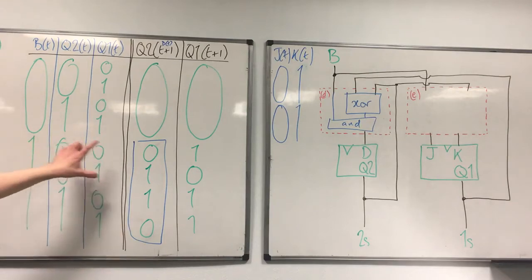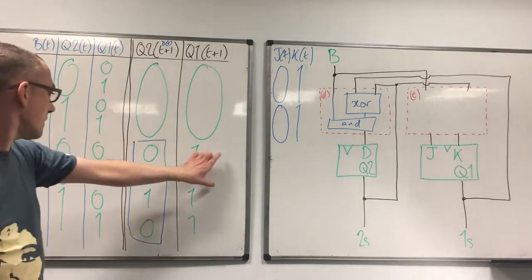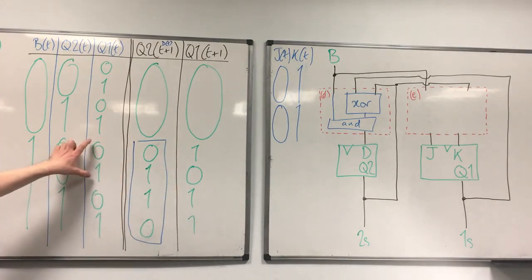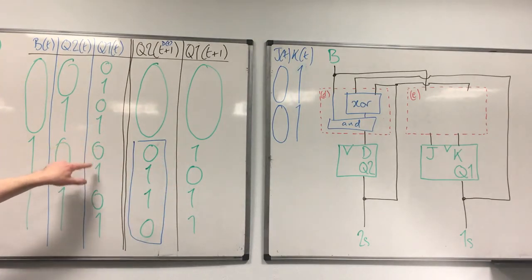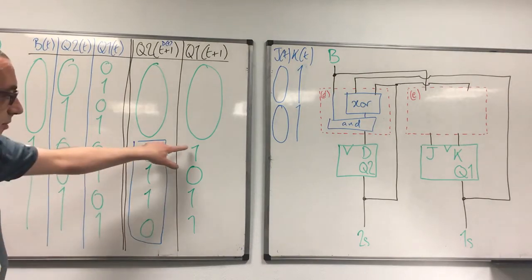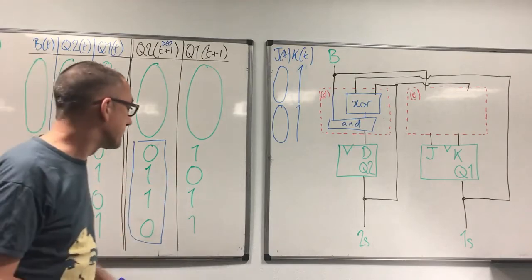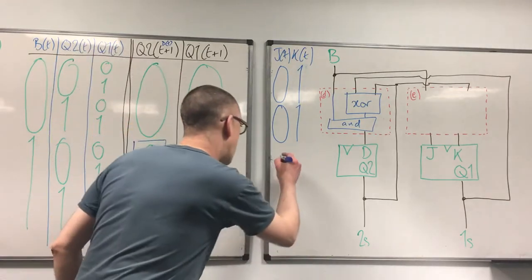In these two lines of the truth table, we can see that if Q1 was 0 or 1, it ends up being 1 or 0. So that means we definitely want to toggle the flip-flop.